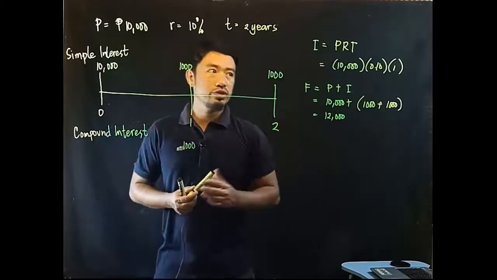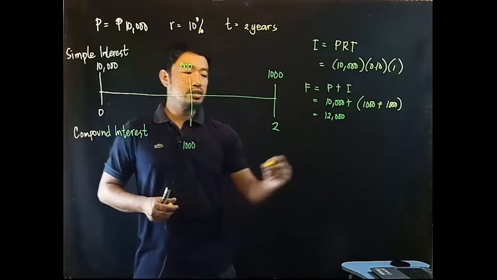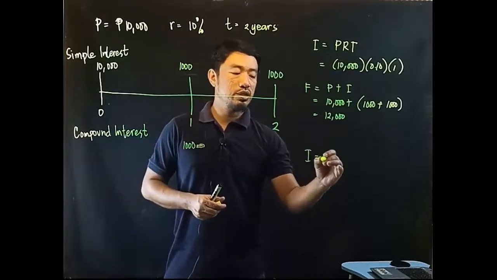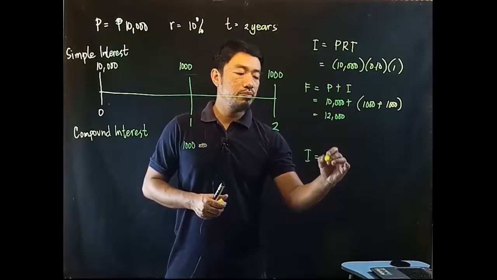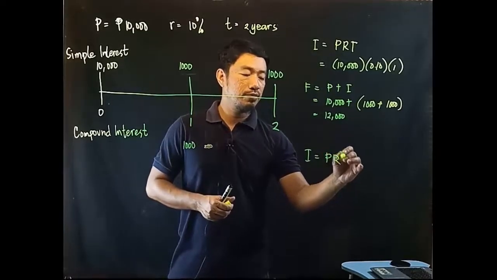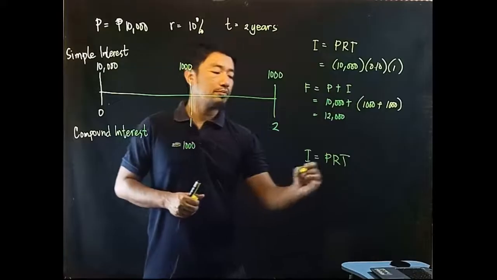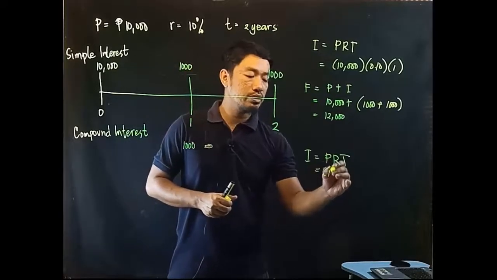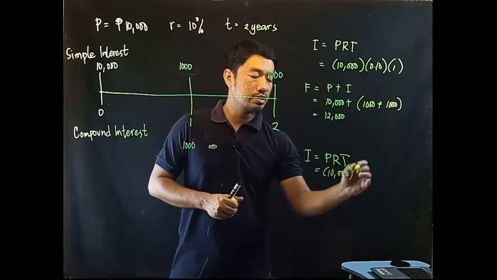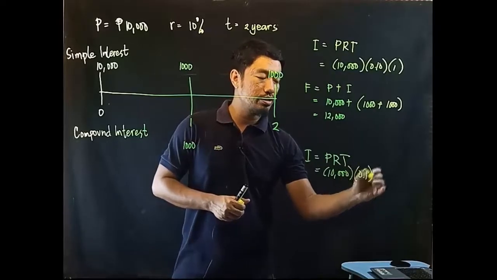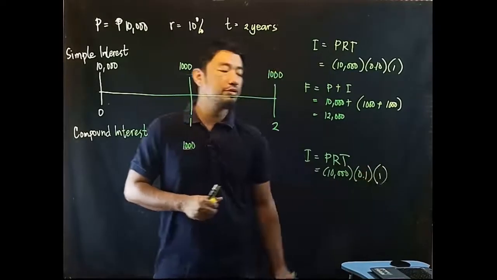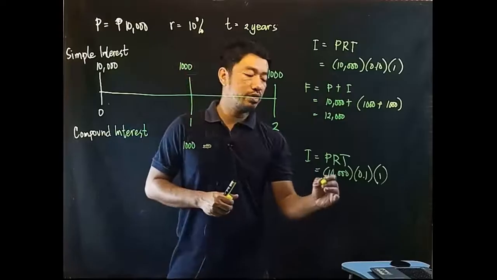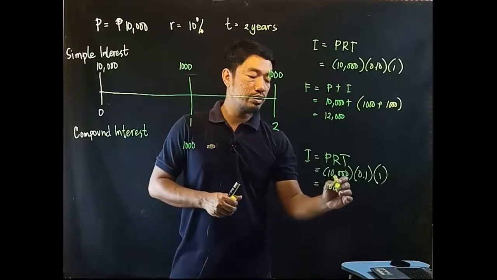Again, based on this calculation, interest is equal to PRT. So again, that's 10,000 times 0.1 for a period of 1 year. So this is equivalent to 1,000.